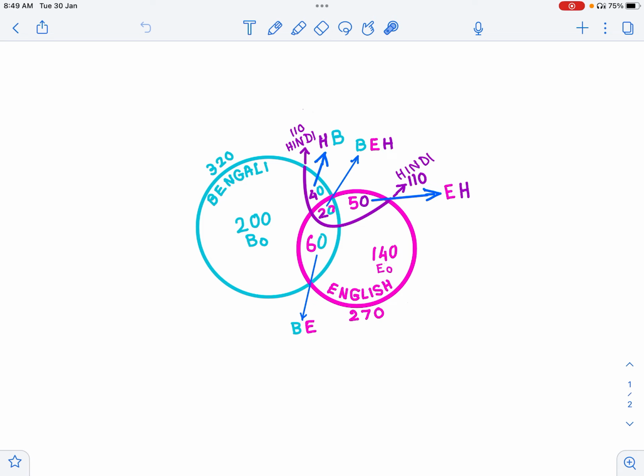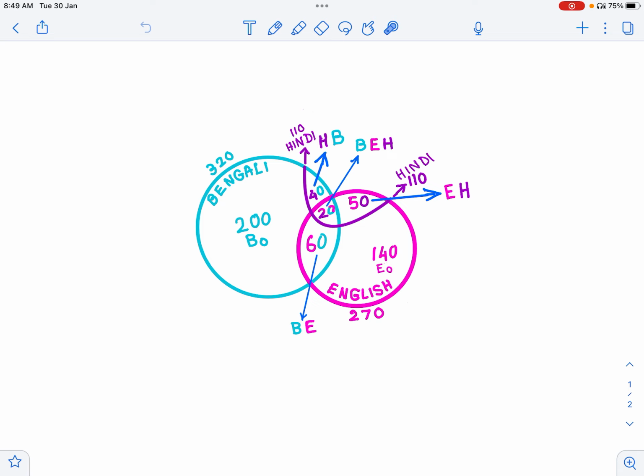And so you can easily see that the number of those students who learn Bengali and English is 60, and English and Hindi are clearly 50, and Hindi and Bengali 40, so that is HB.